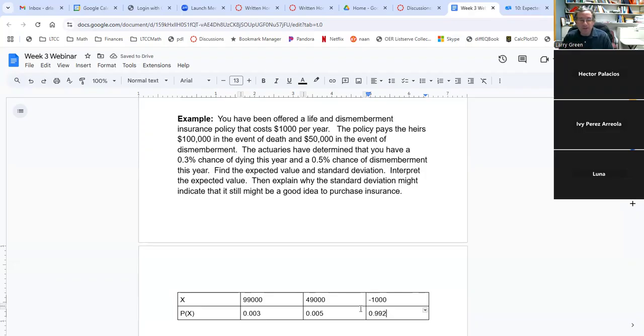By the way, this is one of those, would you rather win the 99,000, win the 49,000, or lose 1,000? What would you rather have? What's better? What's the best thing that could happen? Which value of X do you want?